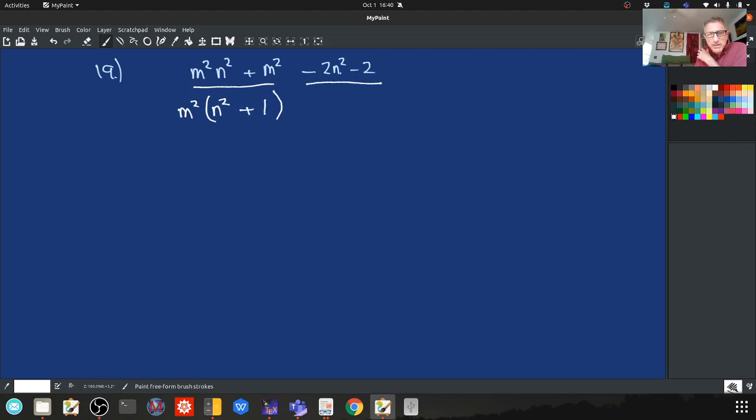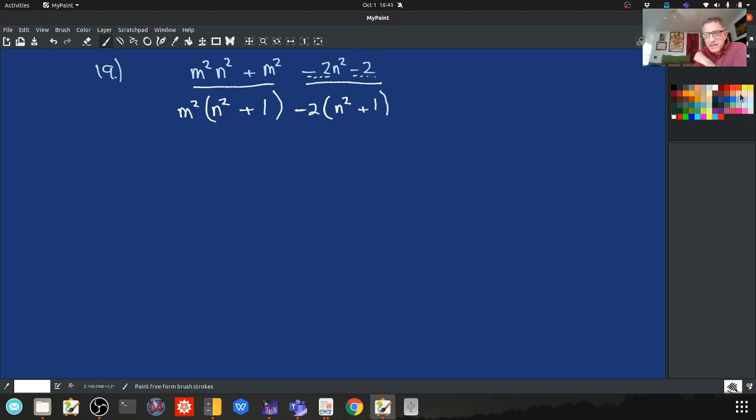Now the greatest common factor here, let's just go with the common factor of minus 2. Now you said, well, maybe it was supposed to be positive, but let's do a minus 2. Because there's a minus 2, and right there's a minus 2. So minus 2n squared divided by minus 2 leaves me with an n squared. Minus 2 divided by minus 2 leaves me a plus 1.